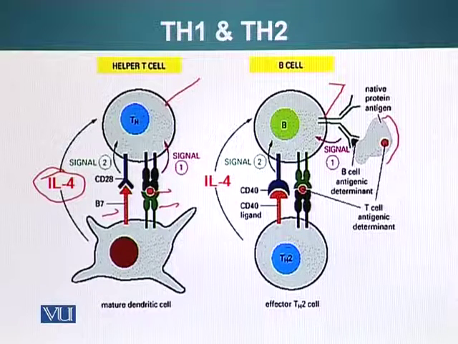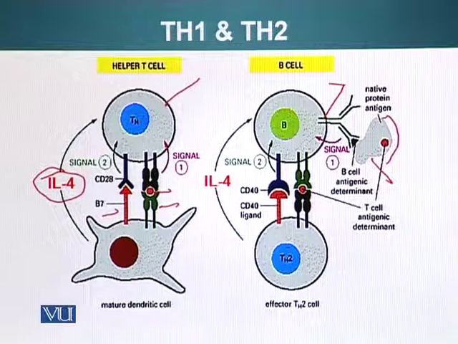I have said that B cells also possess MHC2 molecules. They are also antigen presenting cells. So they will display the fragments of our Salmonella pathogen on their surface with the help of MHC2 molecule.